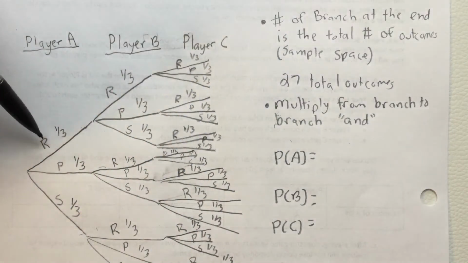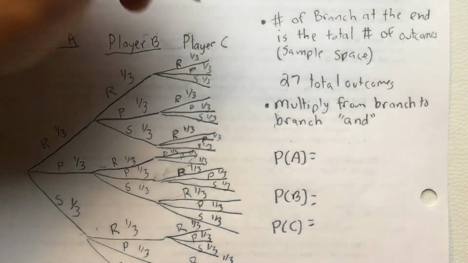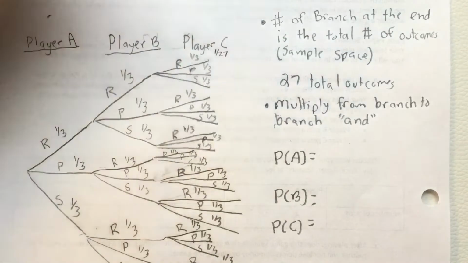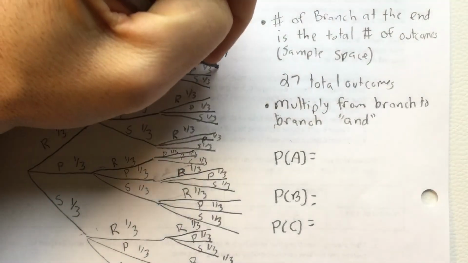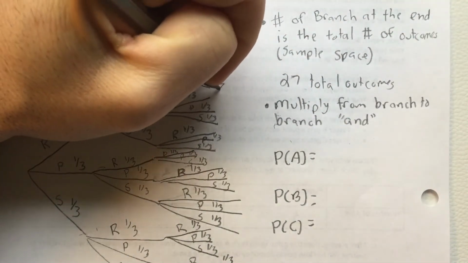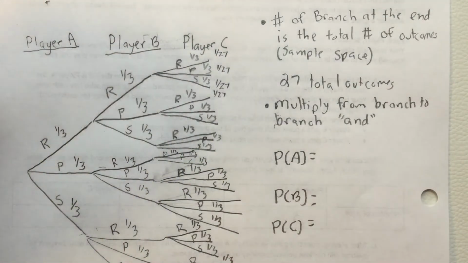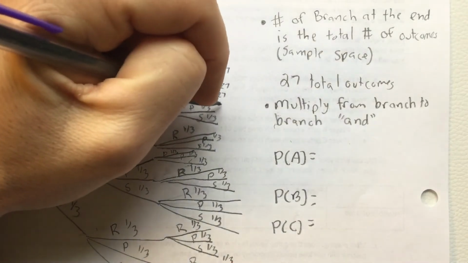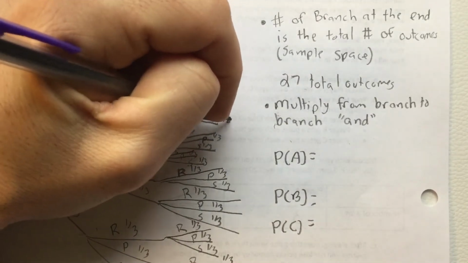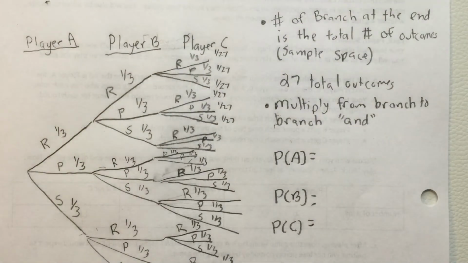So I would multiply 1/3 times 1/3 times 1/3, which is 1/27. So in this case, all of these have a 1 out of 27 probability of occurring. But this isn't always the case. It just depends. All these were equally likely, but eventually we're getting the cases where the probabilities are different. So that'd be the same and so forth, all the way down.